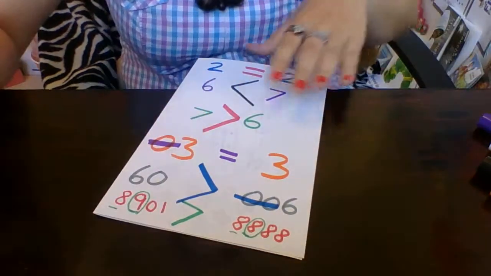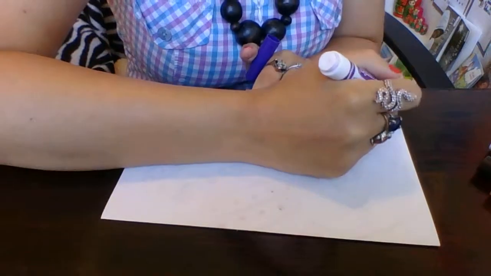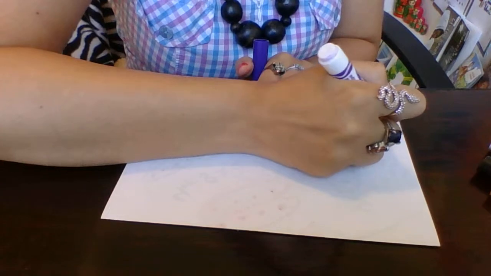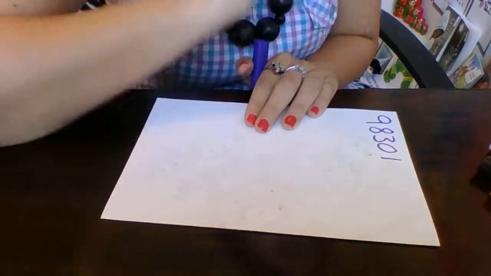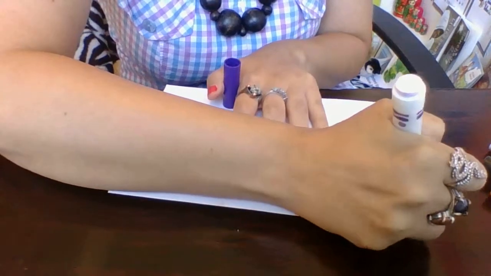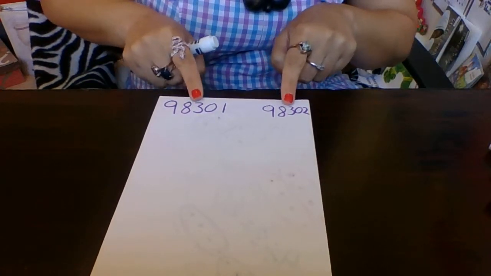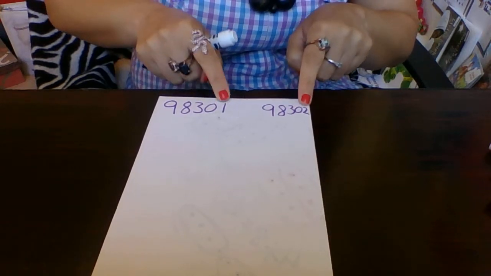I'll do one more example with large numbers. I know when the numbers get bigger, they can be scarier or perhaps they can be motivating for you. If I have 98301 and on this side I have 98302, well, immediately you might notice these are the same, 9830, and then it's just a matter of 1 and 2.